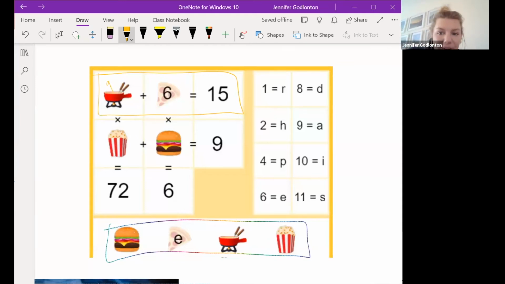And then 9 is A. So that's going to be an A. Then 6 times something has to equal 6, so my burger has to be 1. And 1 is an R. So we have REA. And then what plus 1 gives us 9? That would be 8. So our popcorn is 8, which is D, which is read. And that's the whole word.